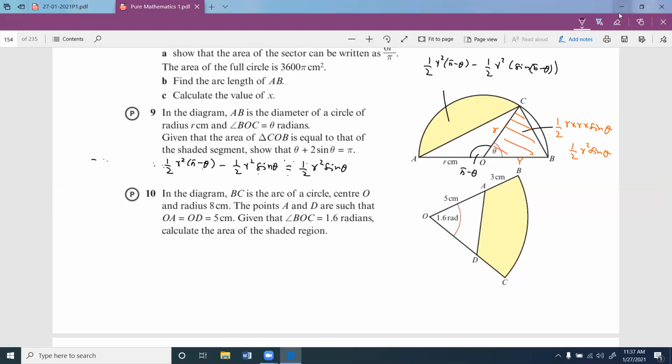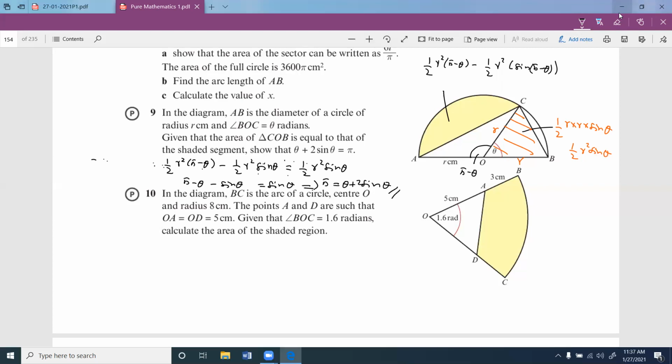Then you can cancel all r squared, and it turns into pi minus theta minus sine theta is equal to sine theta. From here you can write the answer. Sine theta you can take to one side and theta also to the other side. Therefore you can say pi is equal to theta plus 2 sine theta. That's a way of doing this question. So you can get that answer by equating these two.